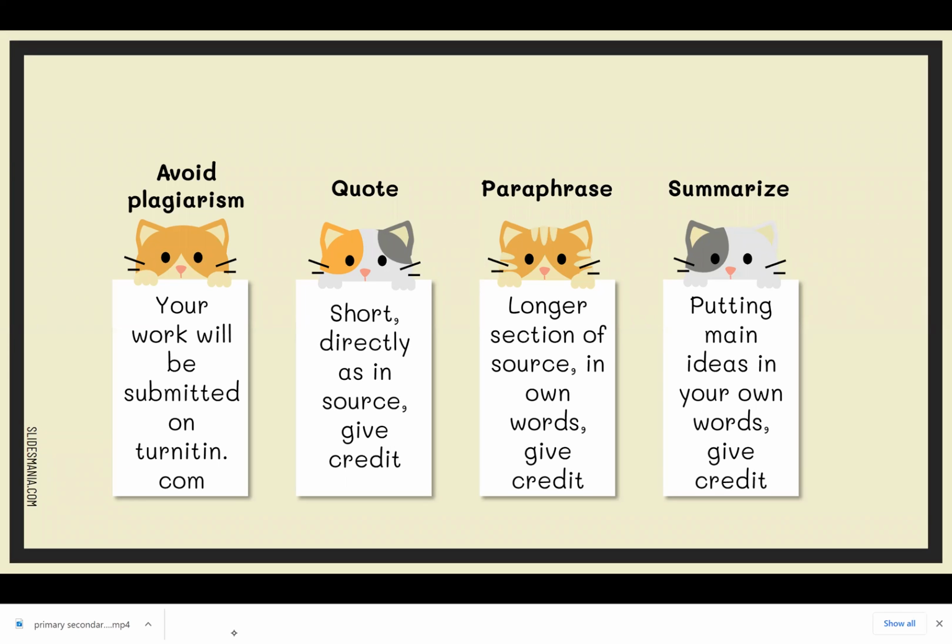It's generally shorter than the original was. And again, you're giving credit. And summarizing is looking at a whole body of work and taking the main points from it in your own words, but giving the person that had those ideas the credit. And my guess is you guys will do a bunch of paraphrasing and summarizing in your report.